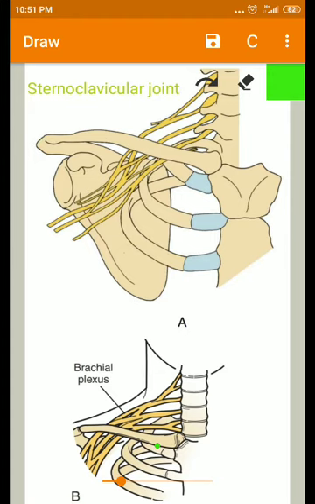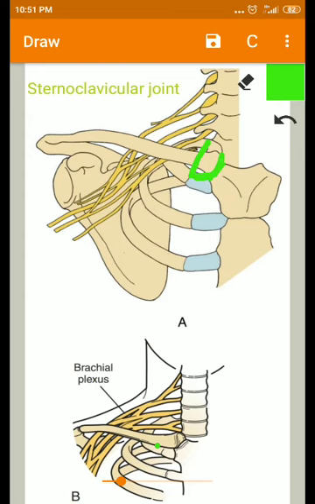The articulating surfaces are the sternal end of the clavicle. This is the sternal end of the clavicle. It articulates with the clavicular notch of the manubrium sterni and also the first costal cartilage.